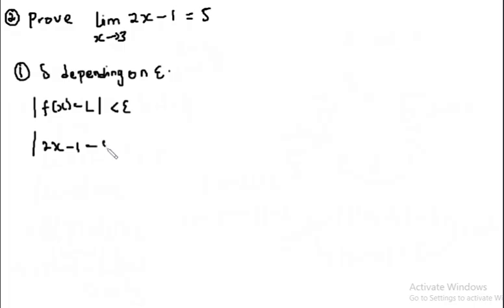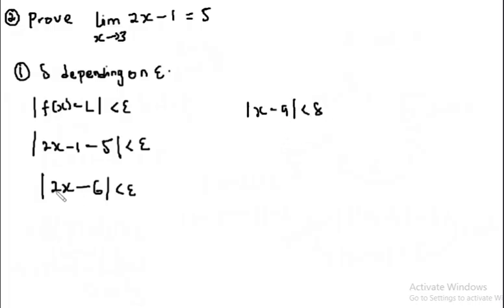So this is 5, less than epsilon. From here, you can simplify the term in the absolute value. So this is 2x minus 1 minus 5, which is 2x minus 6, less than epsilon. The aim of this portion of it is to transform this inequality to look something close to this: absolute value of x minus a is less than delta.